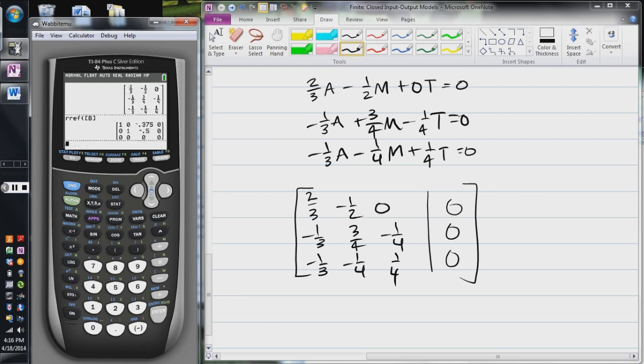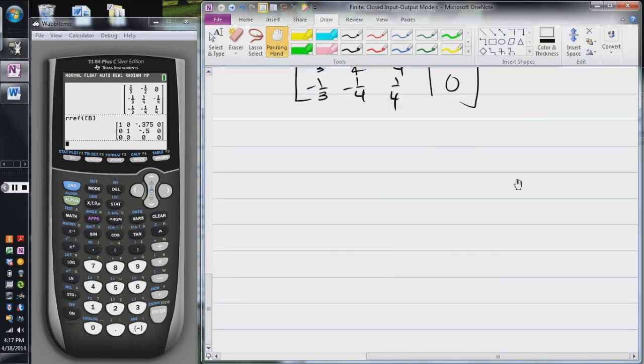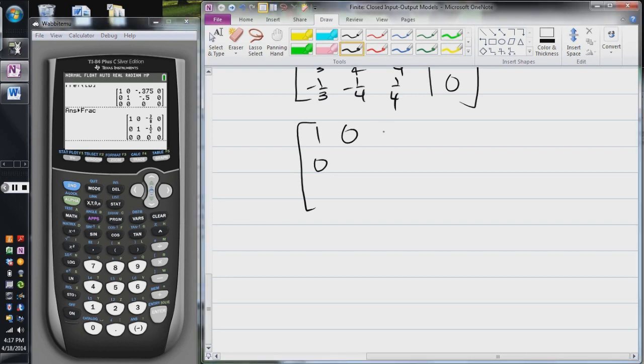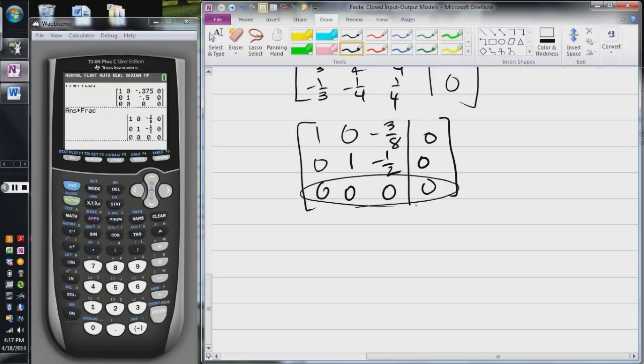And what this tells me is that I have, converting that into fractions here, 1, 0, negative 3/8, 0, 0, 1, negative 1/2, 0, and then zeros across the bottom.